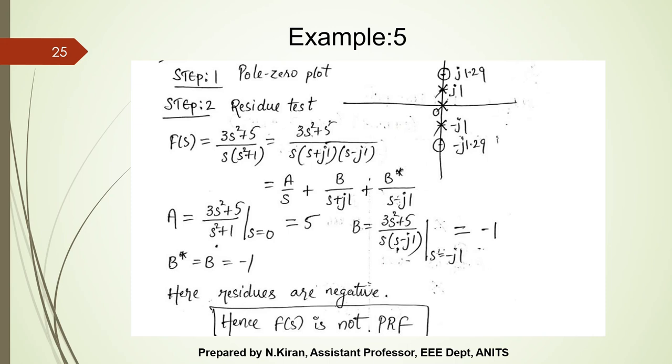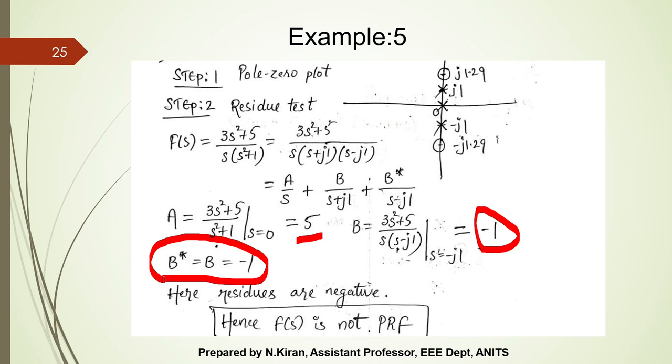Applying partial fractions, I'll get the a value to be 5, the b value to be minus 1, and b conjugate will be the same, in this case minus 1. Remember, while finding the residues in the partial fractions for testing whether the given function is positive real or not, the residue should always be positive.